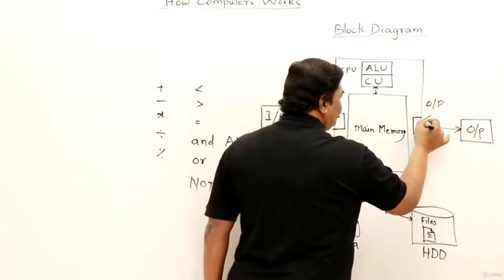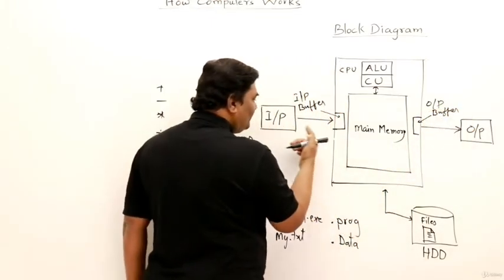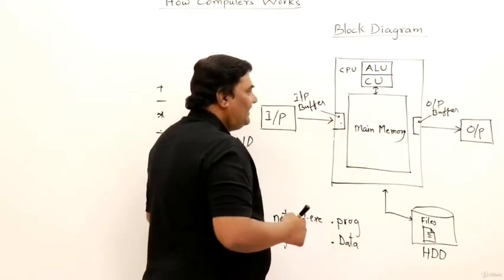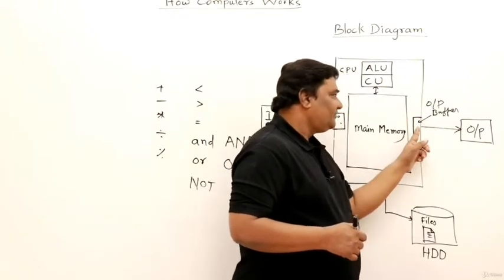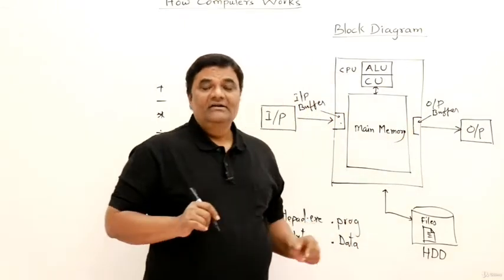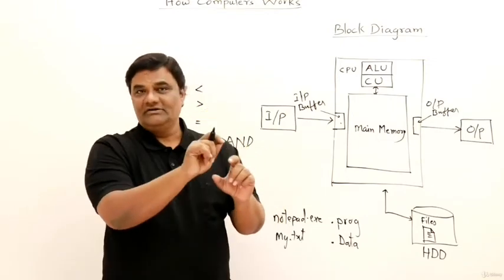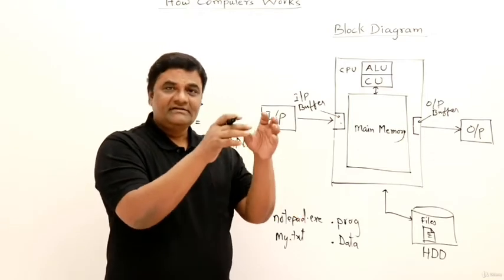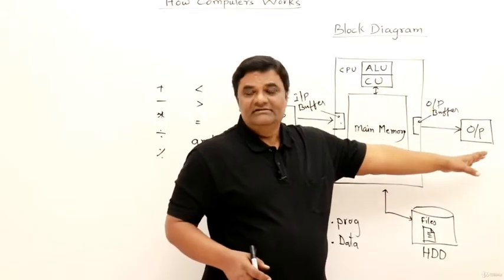If a program has to read something from the keyboard, it will go to this memory area and get the data from there. And if it has to print something on the monitor, then whatever it has to print, it will put in its memory area called the output buffer. It's not that the program will directly go and print something on the monitor. It will dump everything inside the frame buffer, that is the output buffer, and that will appear on the screen.